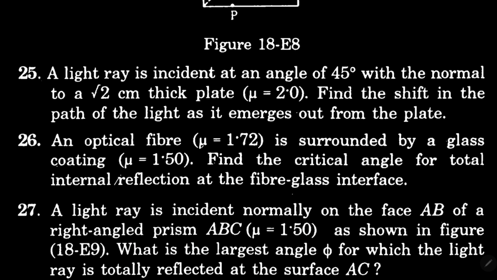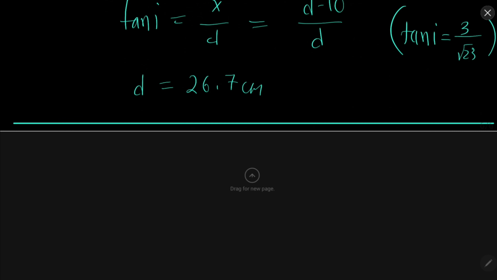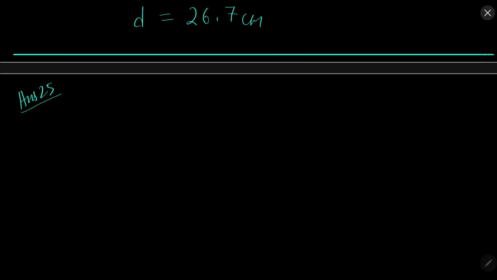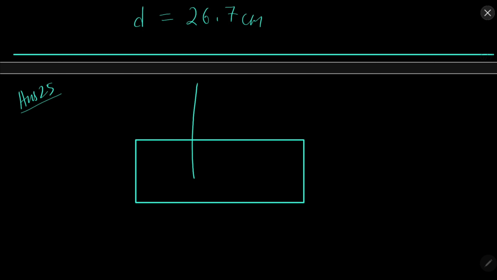In question 25, a ray is incident at some angle. Find the shift in the path of the light as it emerges out from the plate. Solution 25. So let this be the figure. 45 degree, 45 degree, R. It should have gone like this.